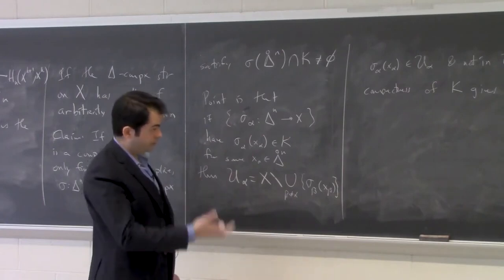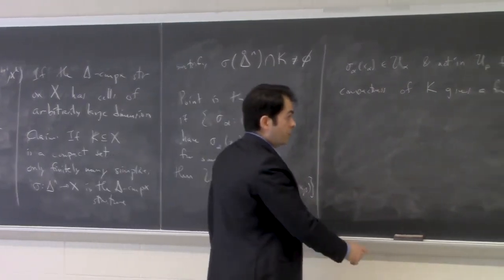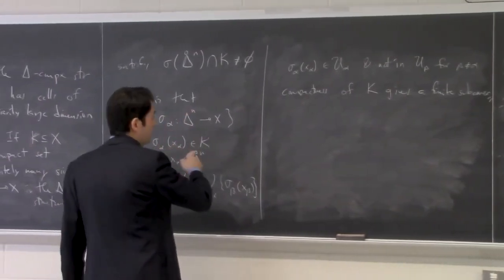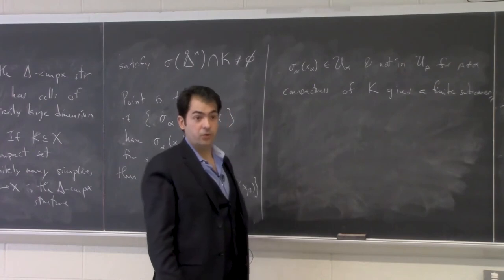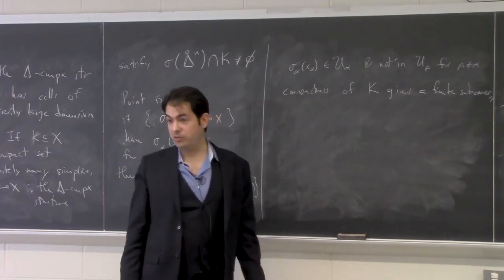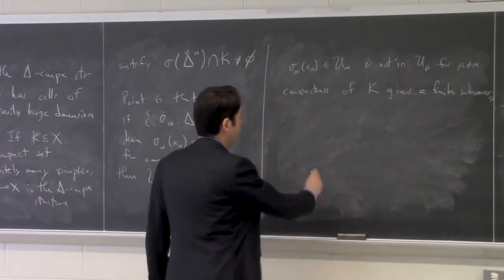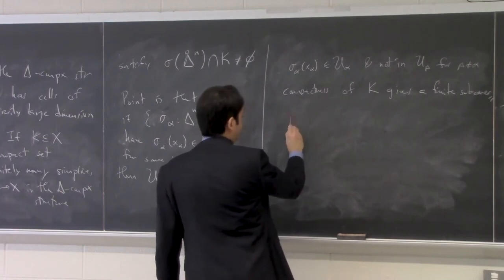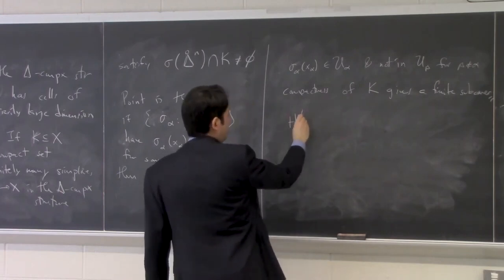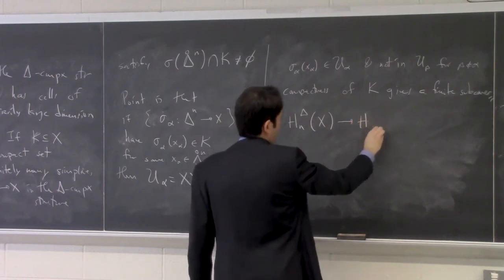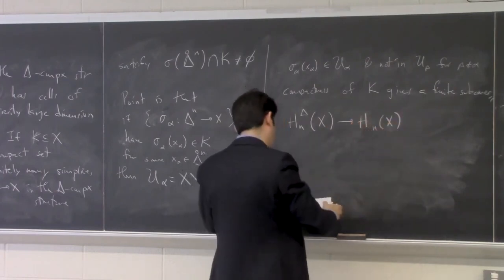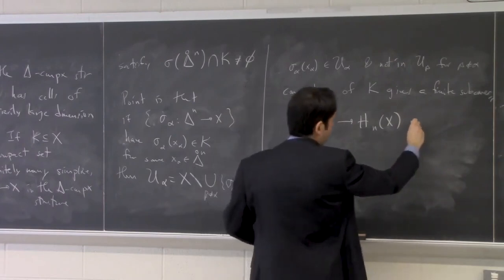Now we use this fact together with the case we've already proven to prove that we have an isomorphism in general. Let's show that Hn delta of X to Hn of X is surjective.